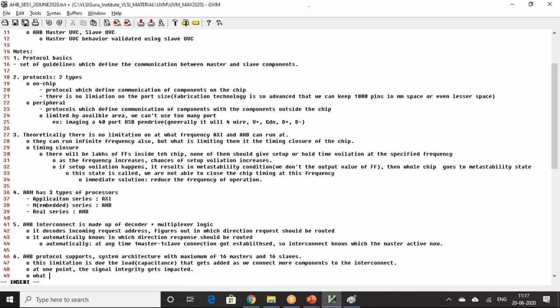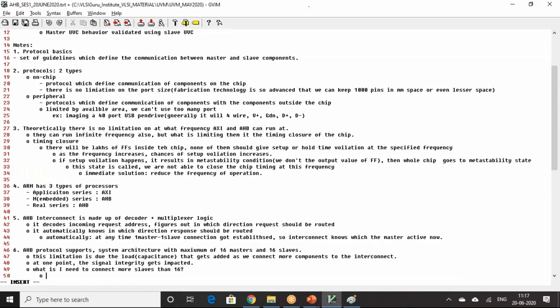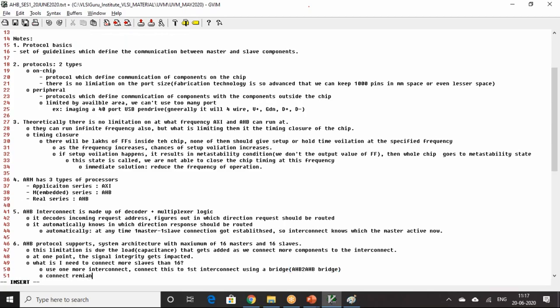Now the question comes, what if I need to connect more than 16 slaves? How do I do that? Use one more interconnect, and connect this to the original, first interconnect using a bridge. Which bridge? AHB to AHB bridge. So connect the remaining slaves to the second interconnect.